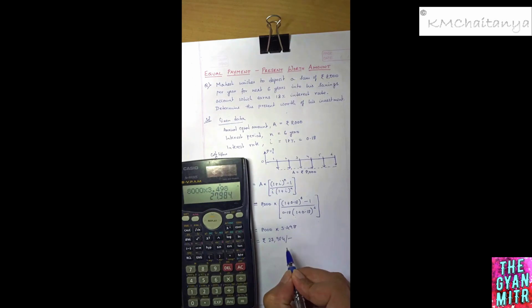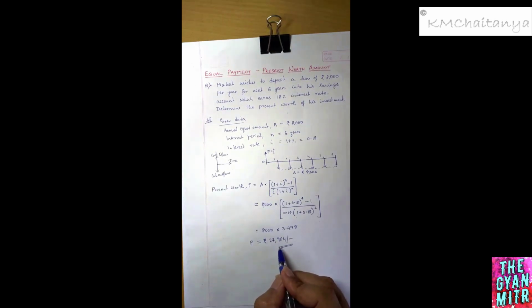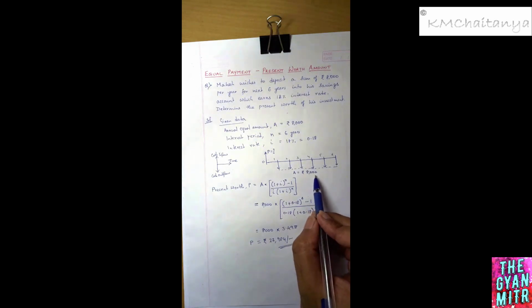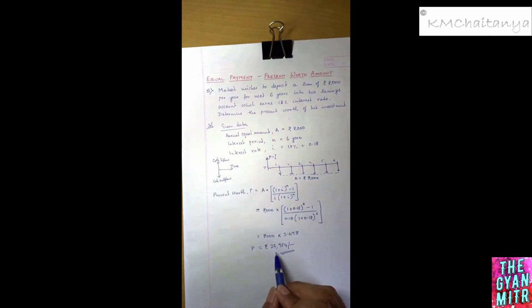The present worth of Mahesh's investment of investing 8,000 rupees every year for the next 6 years will be 27,984 rupees.